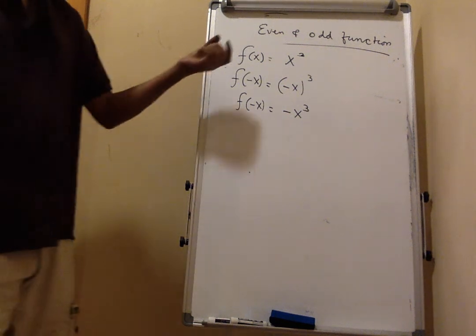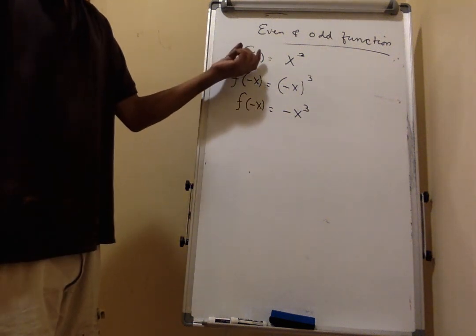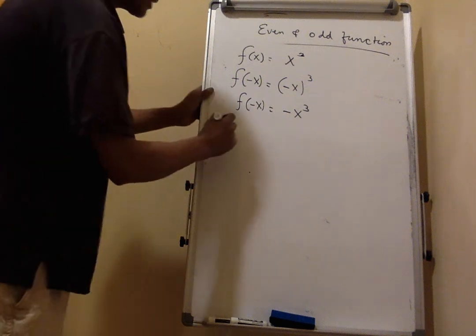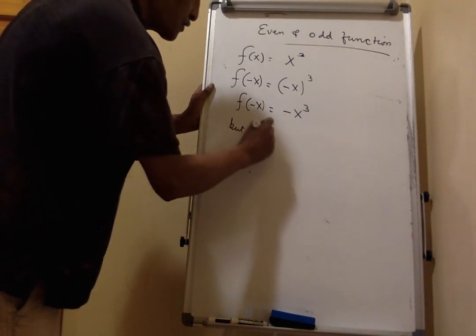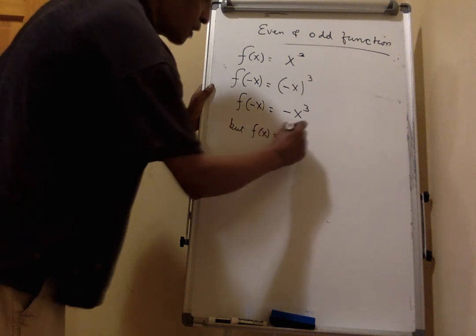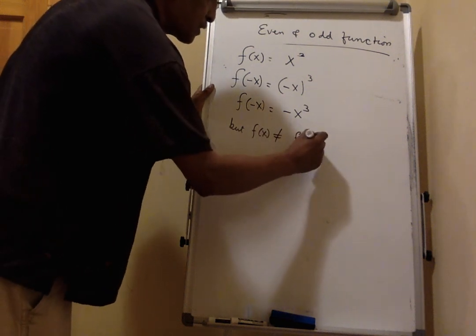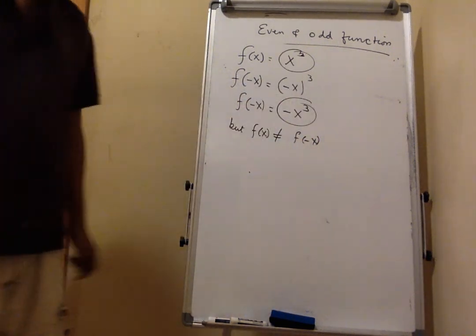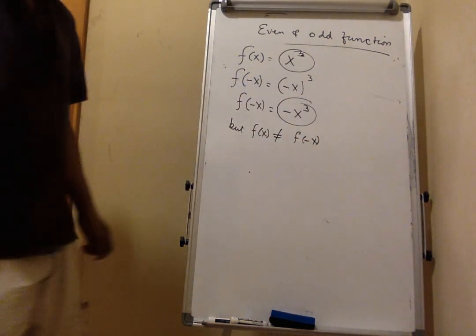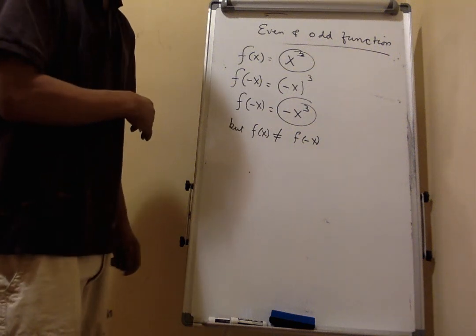Therefore, f of x is not equal to f of negative x, because we ended up with what? X cubed is not equal to negative x cubed. Therefore, this is not an even function.